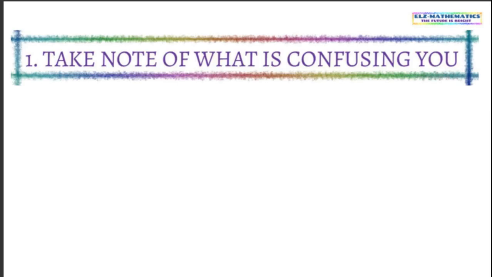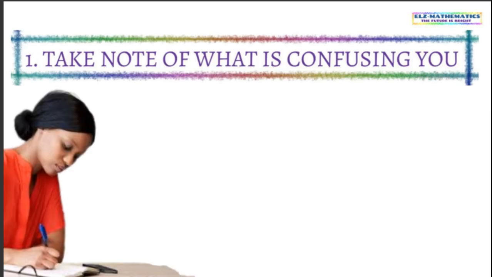So you can do this by writing down whatever is confusing you in that topic. Once you notice where the problem is, it doesn't matter where it is, if it can be the basics, the beginning, or what, you just have to take note of that. But make sure that as you are writing your notes on those things that are confusing you, you should be very clear of what is confusing you.